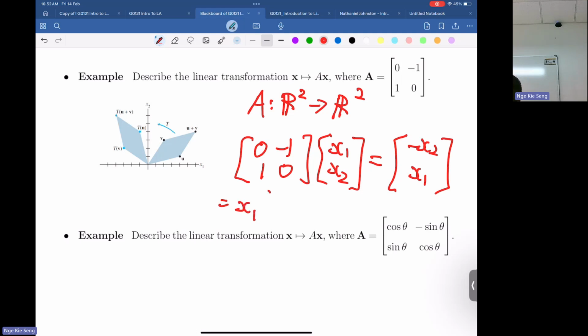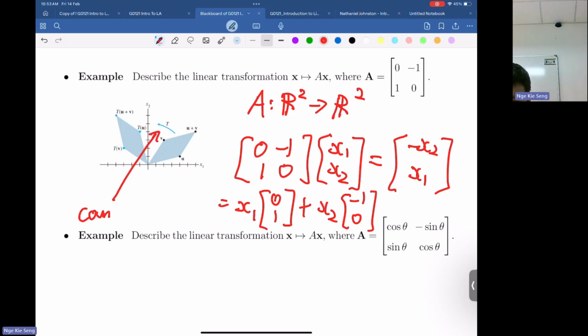This is x1 times 0 1 plus x2 times negative 1 0. So x1 and x2 swap, not just swap, x2 has a negative sign. If you plot a few points, it's actually a rotation, a counterclockwise rotation by 90 degrees.